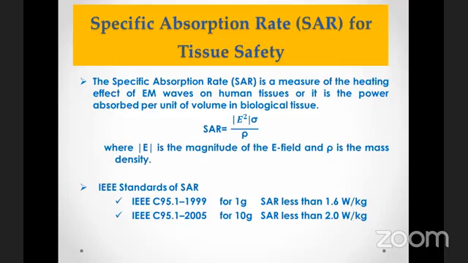For tissue safety, specific absorption rate is measured, and specific absorption rate is a safety measure basically for evaluating heating effect of electromagnetic waves on human tissues.